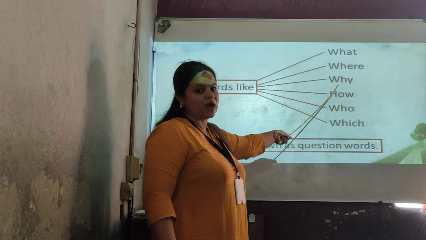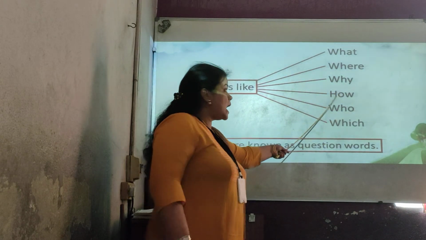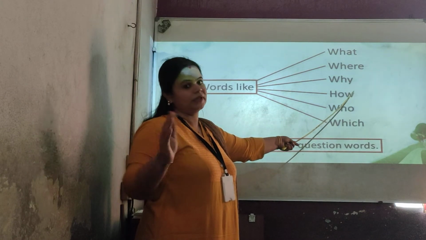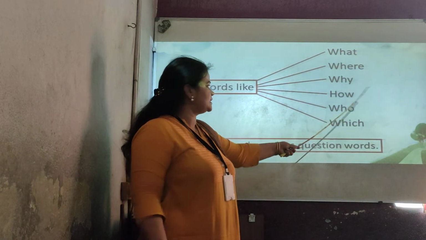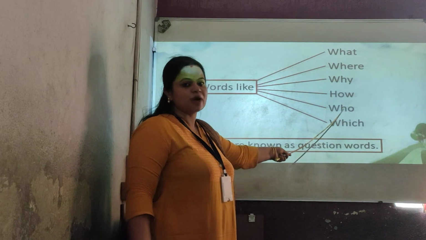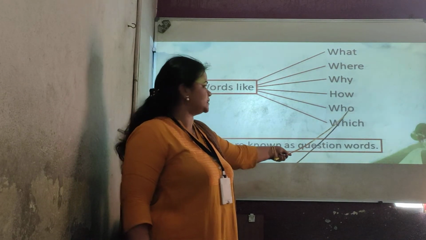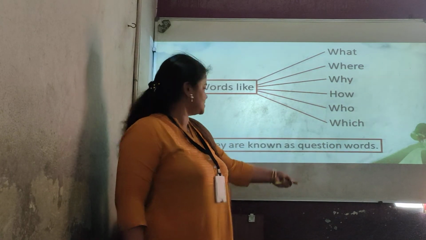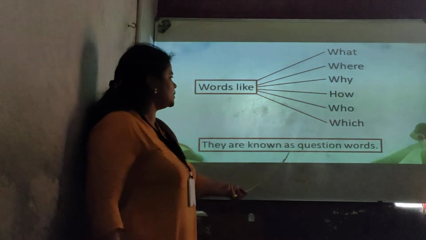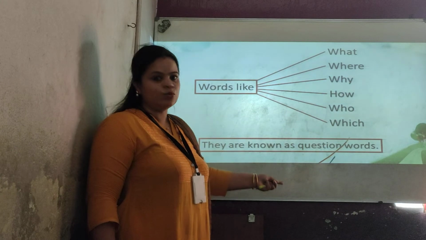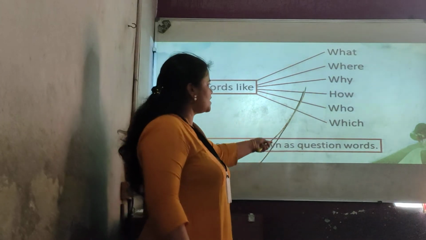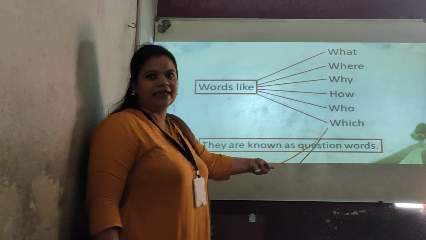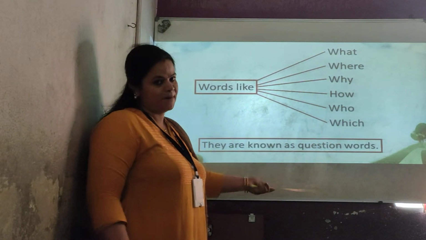Why we use to ask about reasons. How we use to ask about how many, how much for the countable and uncountable things. Who is used to ask about people, persons, and which is used to ask about choices. So all these words are known as question words. These are the special words that begin with a capital letter and end with a question mark.